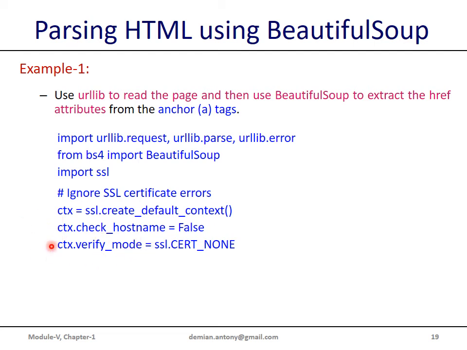Similarly, we are not interested in verifying the digital certificates, so ctx.verify_mode is CERT_NONE. We are not sending certificates to the server for authentication. Once these things are disabled, all the SSL, secure socket layer related certification things are disabled.